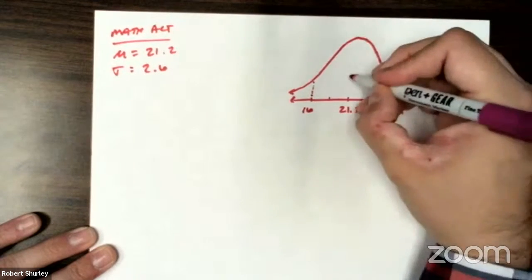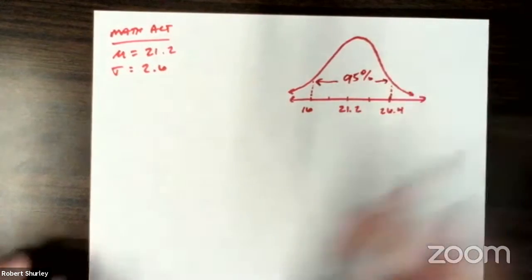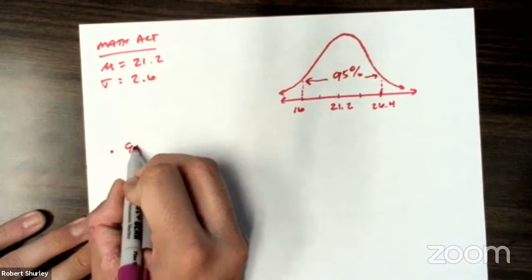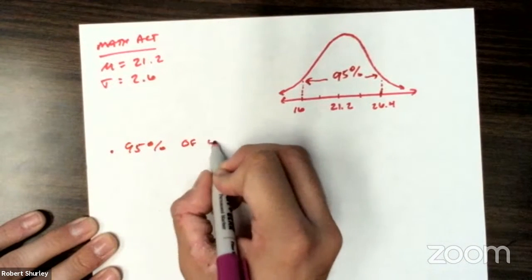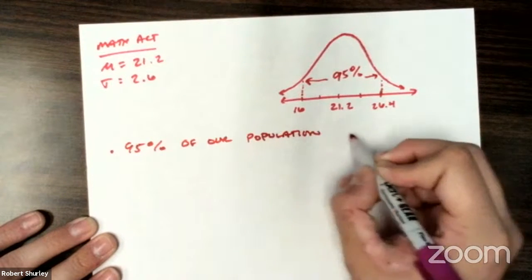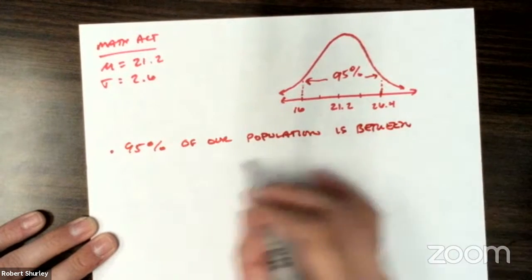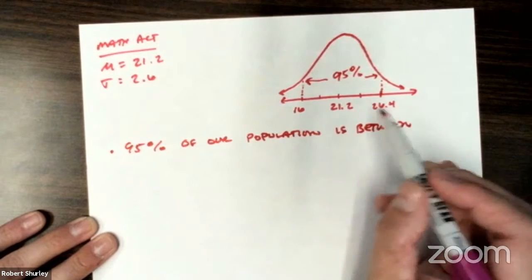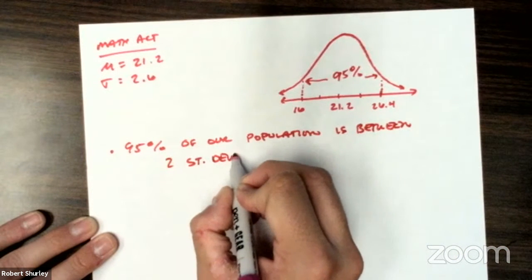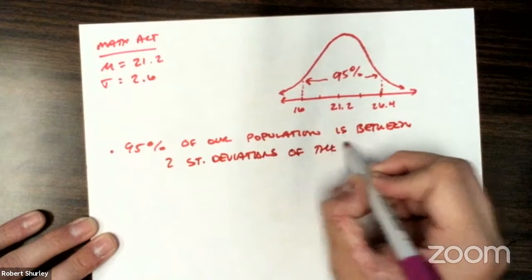If we go up 2 standard deviations and down 2 standard deviations, the area between these two is 95% of our data. 95% of our population is between 2 standard deviations of the mean.